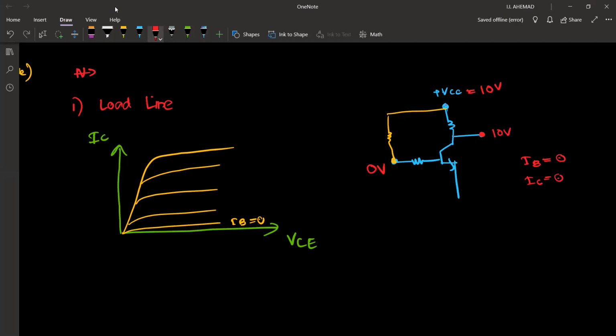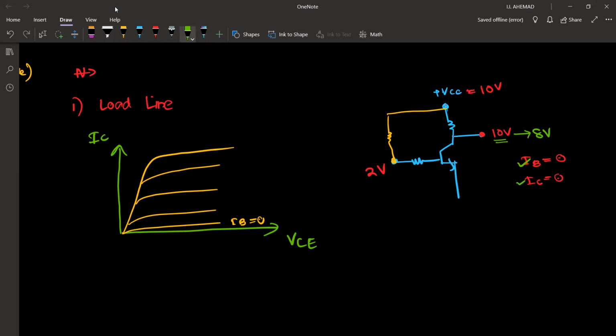Okay, now I'll increase this voltage to 2. For this voltage 2, there will be an IB current. For that IB current, we have an IC current. If there is an IC current, this voltage will decrease. Let's say it decreases to 8 volt.